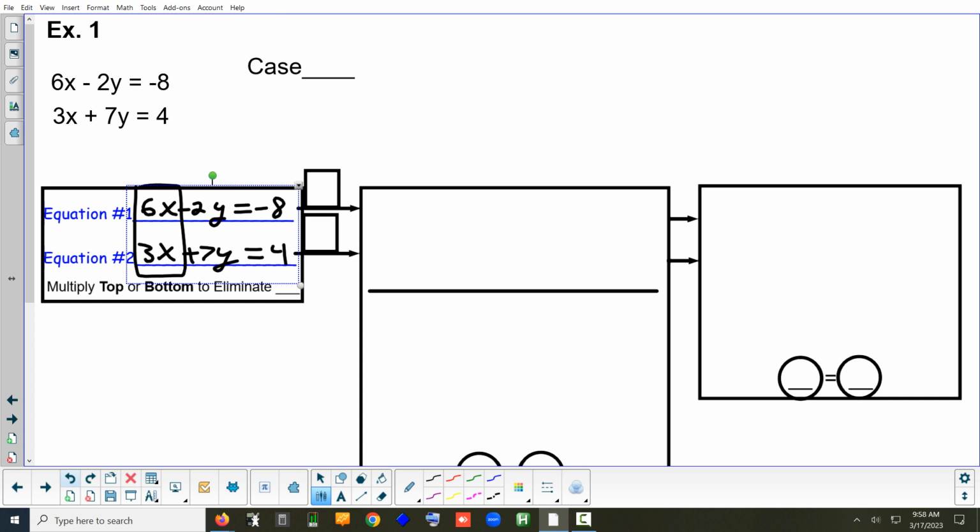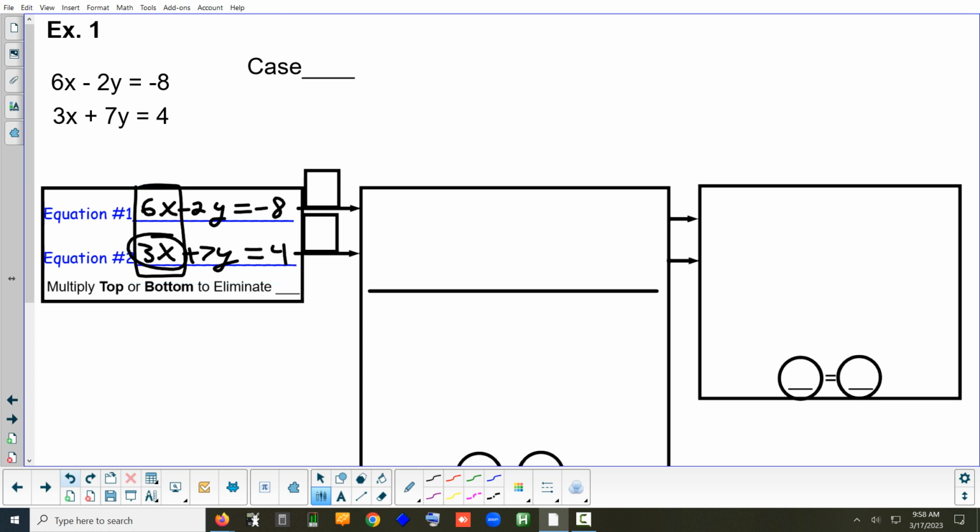What would you have to have in the bottom that would cancel out 6x when you combine it together? What cancels out 6x? 6x plus 6x would give you 12x. We need a negative 6x. So somehow we need to make that a negative 6x, and then it will cancel with positive 6x.